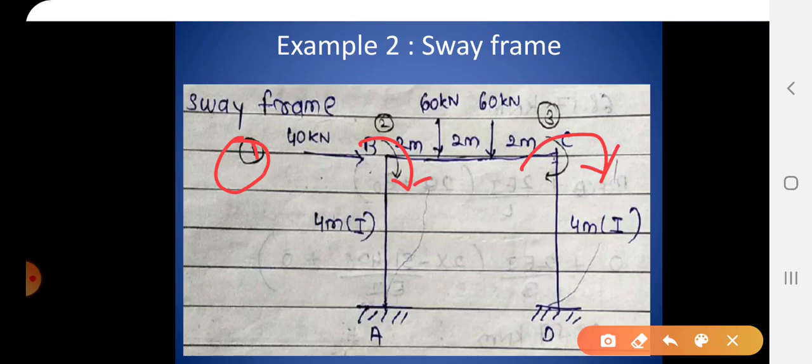So what will be the values of P1, P2, P3? See carefully. The first unknown is delta. Therefore the horizontal force will be P1. Then the second unknown is theta B, therefore the moment at B will be P2, and the moment at C will be P3.